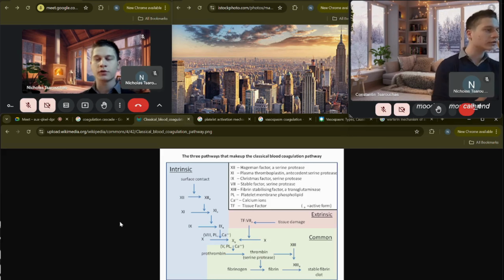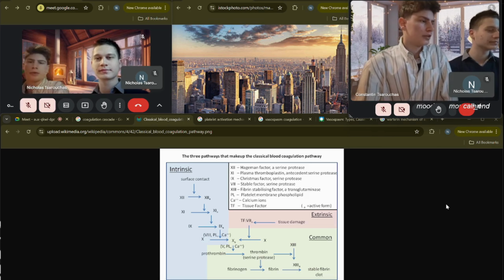When you have low blood flow, they can really easily get trapped and this clot can form. I think we've covered just about everything on the coagulation cascade.